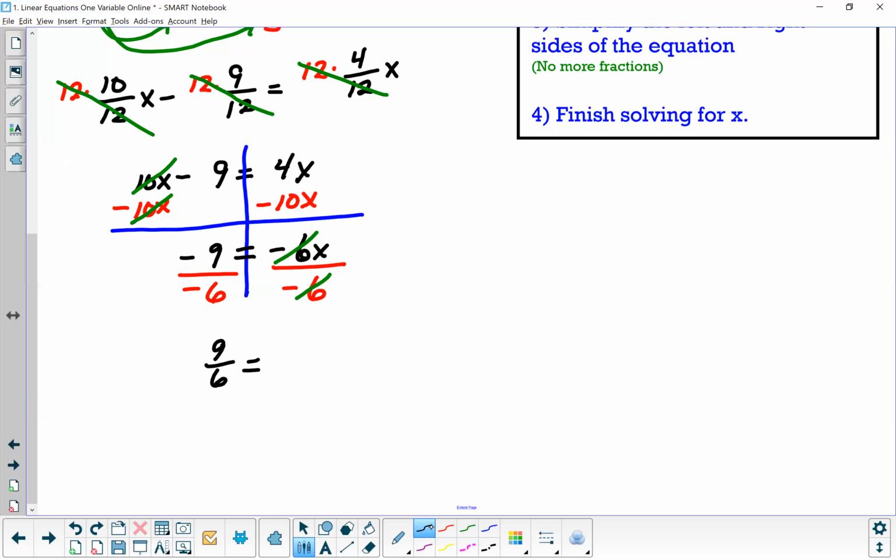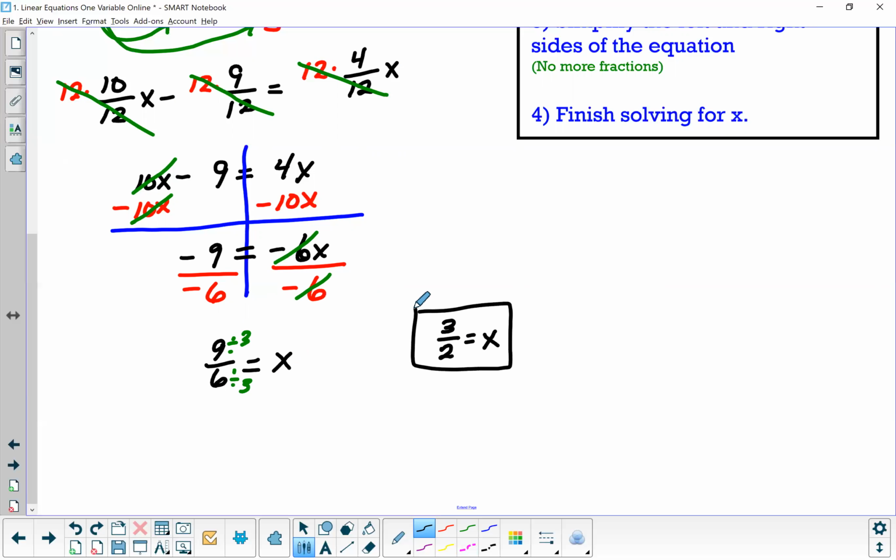So we have 1x. Now you may have already seen it, but we do need to reduce this fraction for our final answer. So a common factor of 3. Divide the numerator and denominator by 3. So we get 3 over 2 equals x.